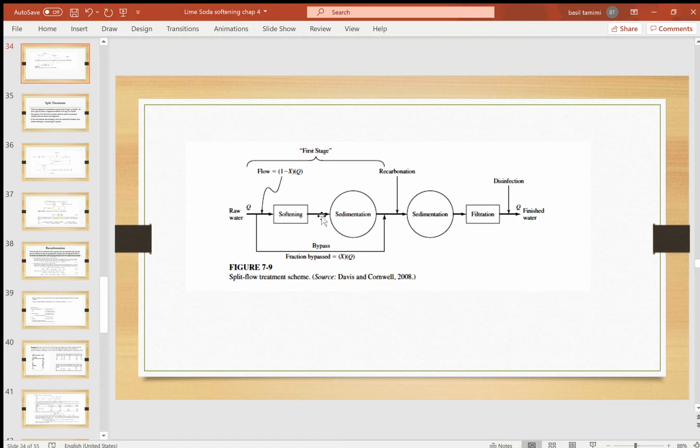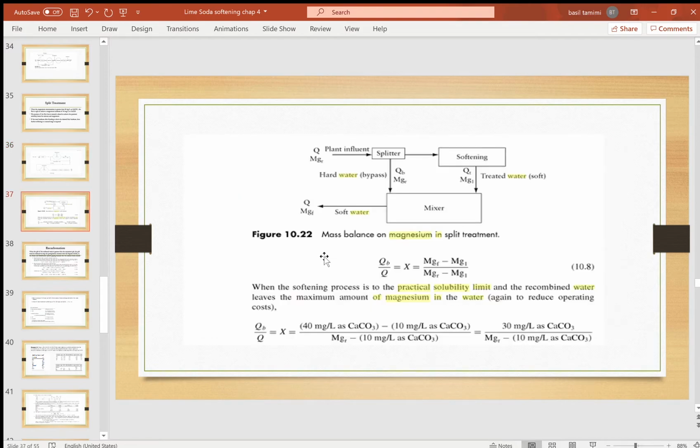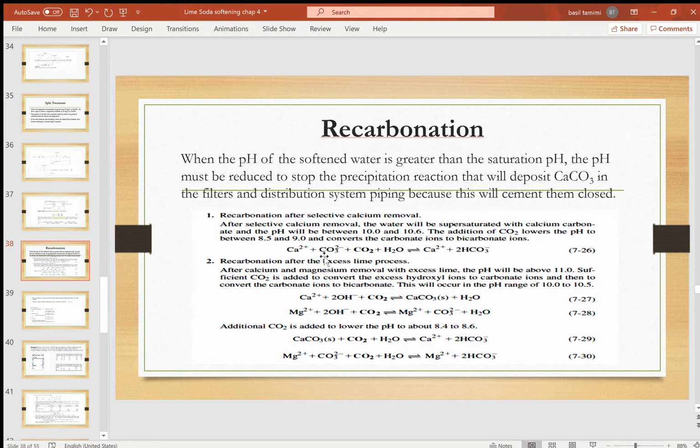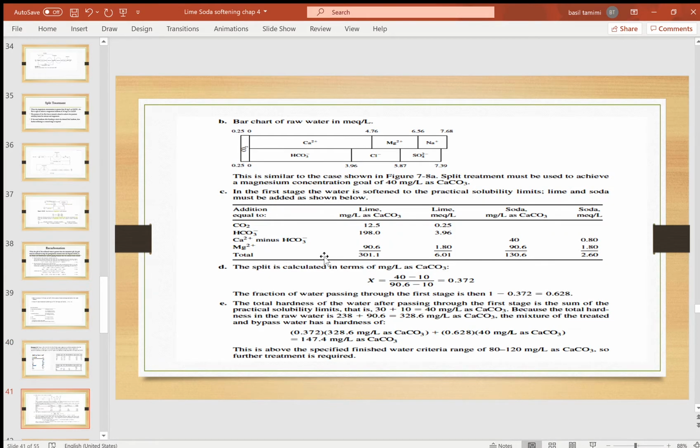So for this stream, I need to add chemicals because this stream has to be treated. For this stream, the first response is that I don't need to add chemicals because I should leave this stream untreated. All right. Would this change? We will see that we have to add some chemicals, but anyway, we have to check now in the example: does this change the quantity of lime and soda ash needed? All right.